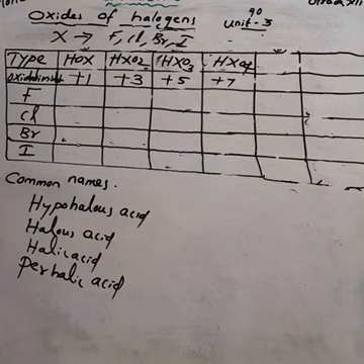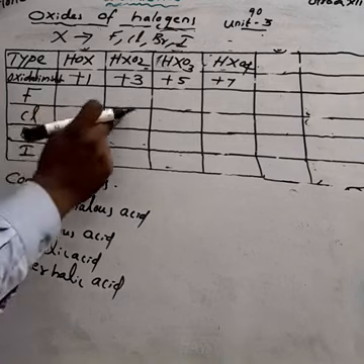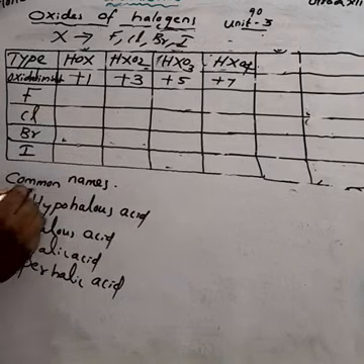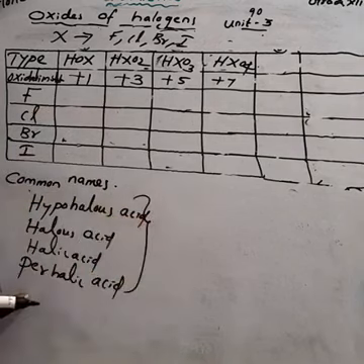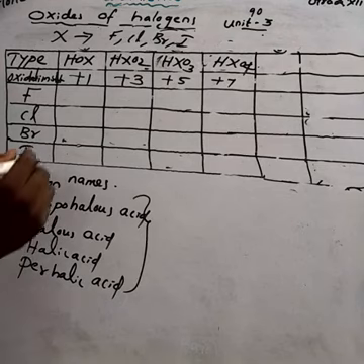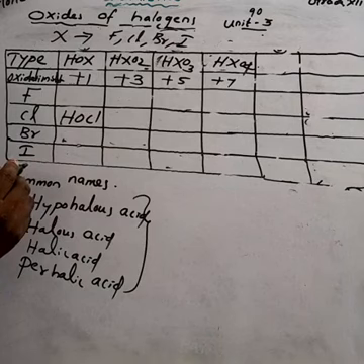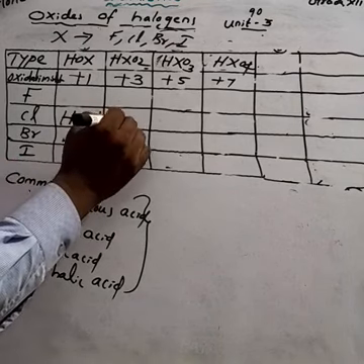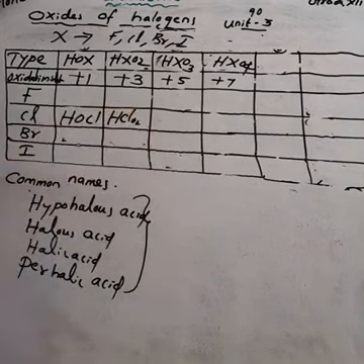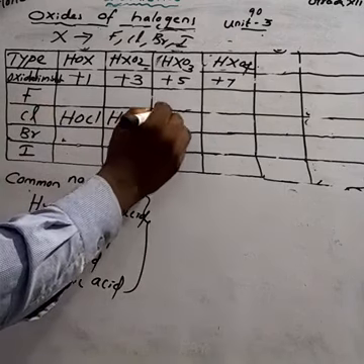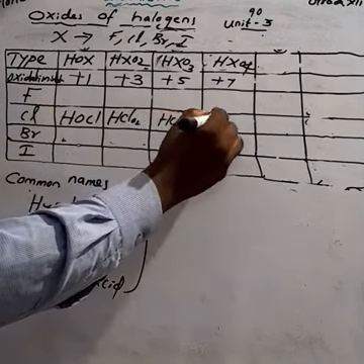What are the different forms of chlorine? Chlorine can form 4 different oxoacids. The first one is hypochlorous acid, the second is chlorous acid, the third is chloric acid, and the fourth is perchloric acid.